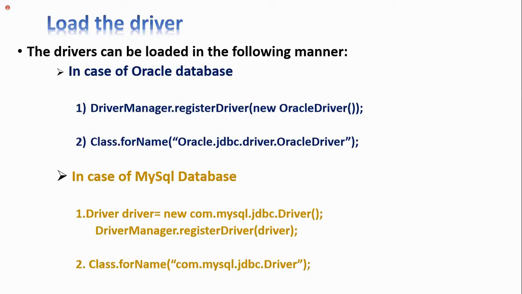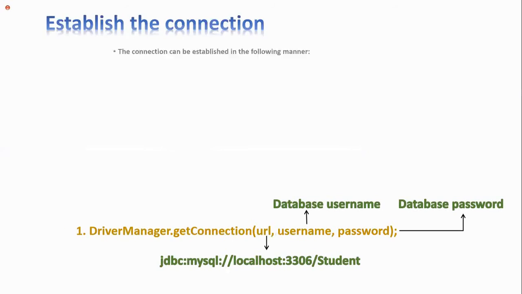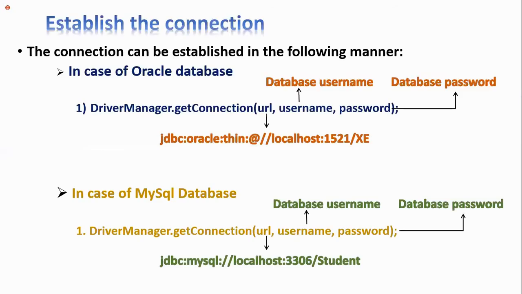Okay, so now everybody notice. This is the way I establish my connection in case of my databases. In case of Oracle database, I will tell DriverManager.getConnection. getConnection will have three parameters: URL, username, and password.